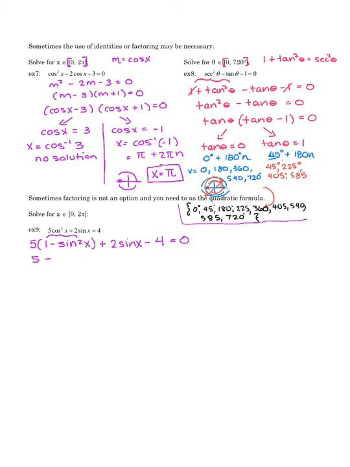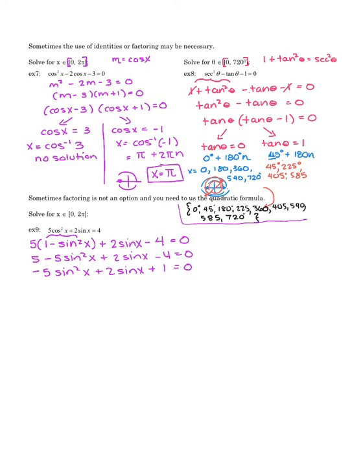Distribute your 5, so 5 minus sine squared x plus 2 sine x minus 4 equals 0, and combine our like terms. So minus 5 sine squared x plus 2 sine x, 5 minus 4 is a positive 1.